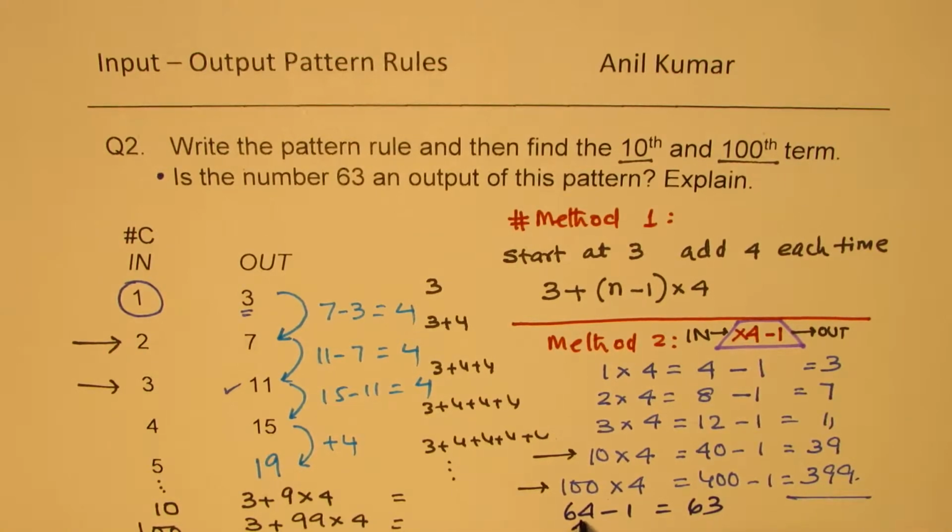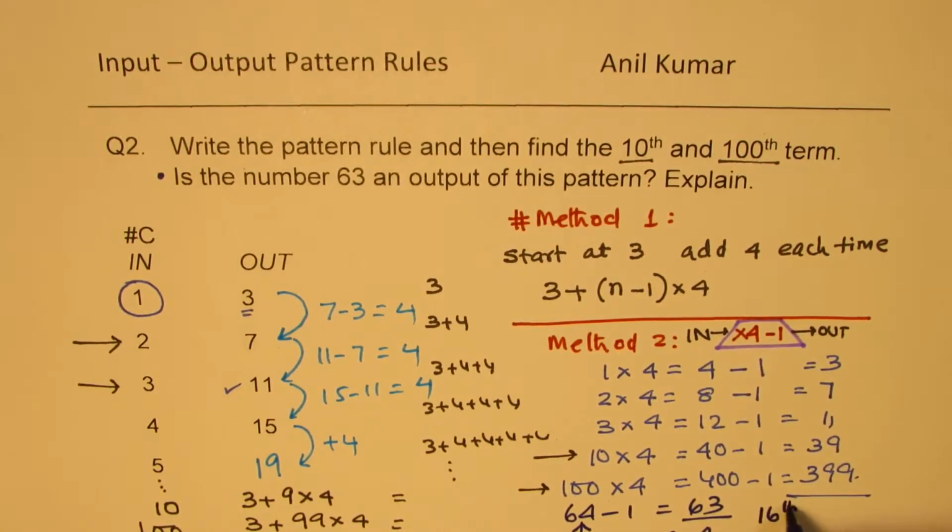So 64 is a multiple of 4. And so 63 will be there. Can you tell me the term number? Dividing 64 by 4, we get what? 16, right? So this will be our 16th term.